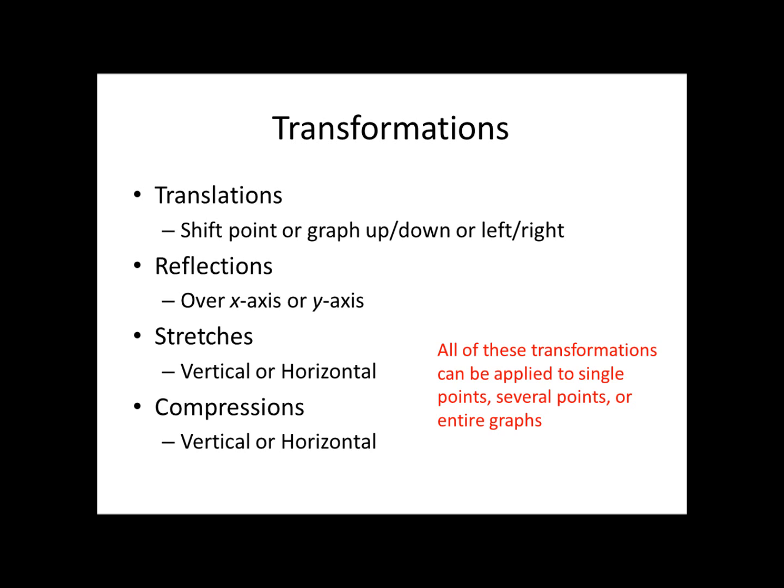Reflections mean that we take a mirror image, and we limit ourselves to looking at reflections over just the y-axis or just the x-axis. Stretches are exactly what they sound like. We take a graph or a point and we pull it away. Compressions are the exact opposite. Now remember, all of these transformations can be applied to single points, several points together, or entire graphs.